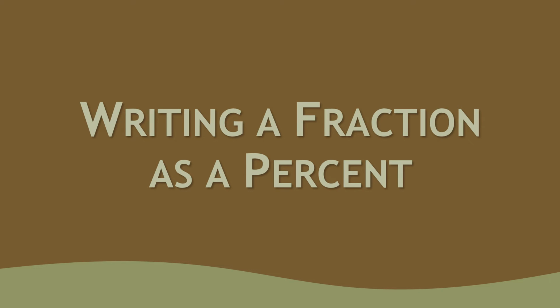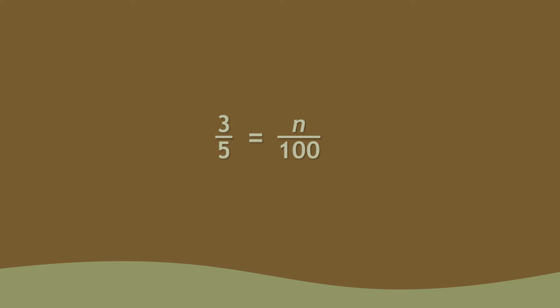Okay, now that we learned how to write a percent as a fraction, we're now going to learn how to write a fraction as a percent. So here we have a fraction of 3/5. And we show that 3/5 is equal to something over 100.